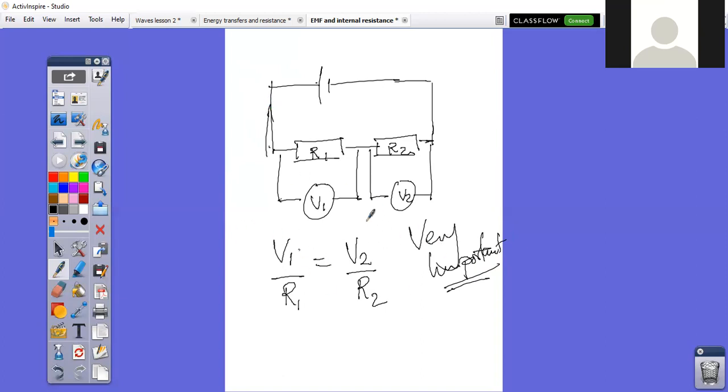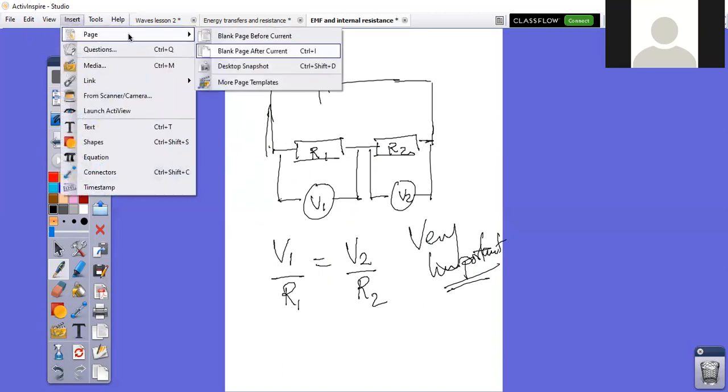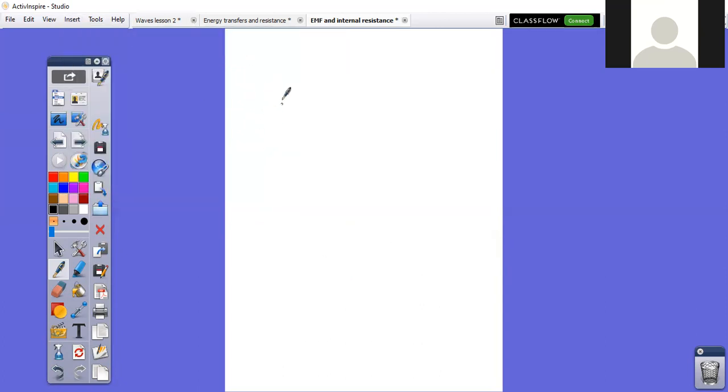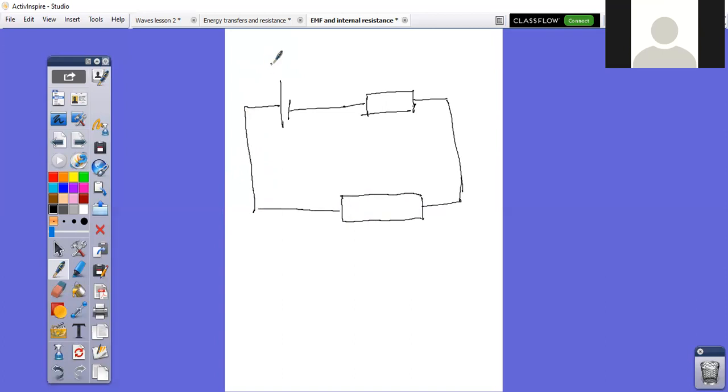How do you use this now? It's not really different to how it is arranged here. Only this time you have to think about breaking the circuit down a little bit. So if I redrew my circuit, and I'll exaggerate it here, with E, little r, and big R, all inside my circuit.